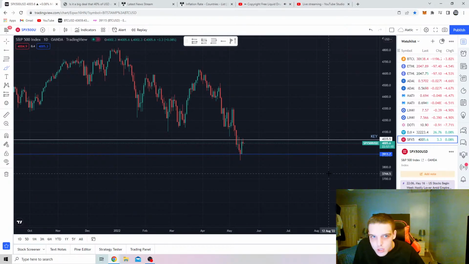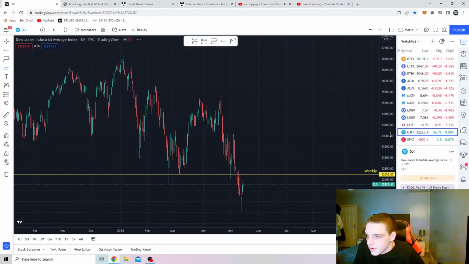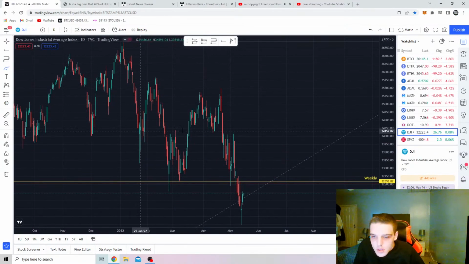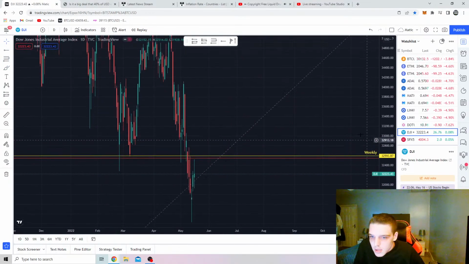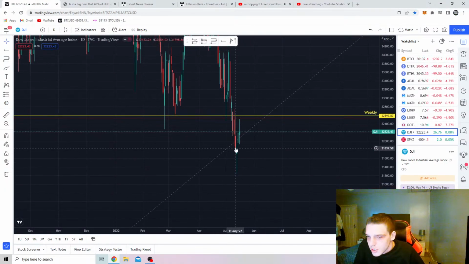But yeah, it does all depend on where stuff like the S&P 500 goes. If we take a look at the Dow Jones, as you can see again, very similar. There's two levels of confluence here, and it's pretty much just essentially dancing in between these two levels.